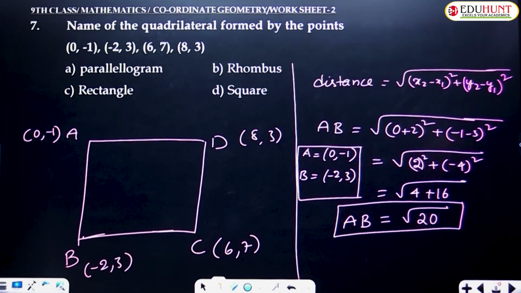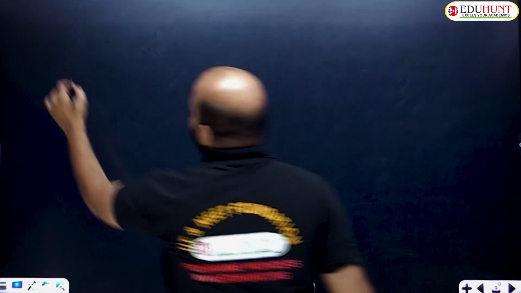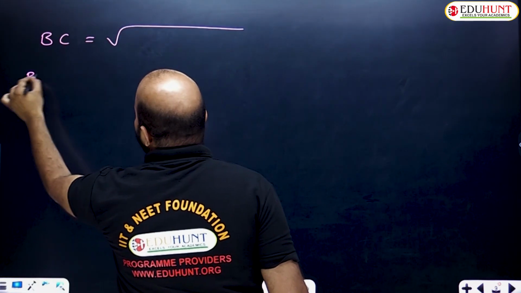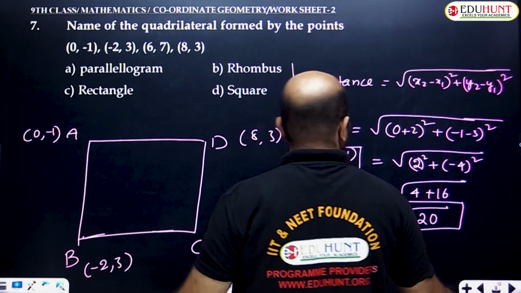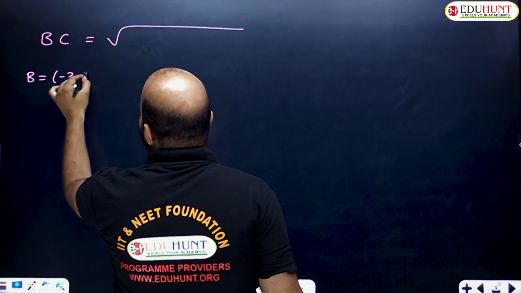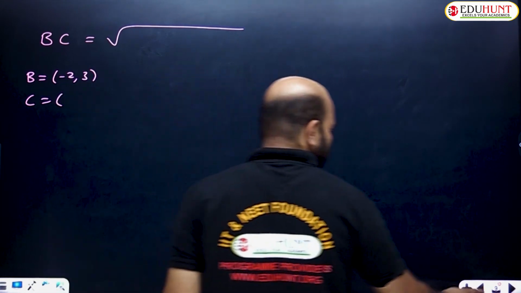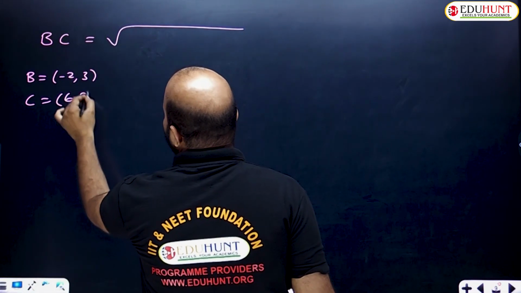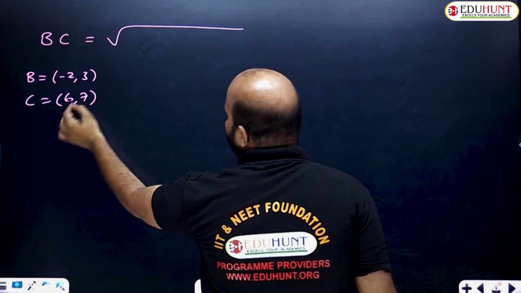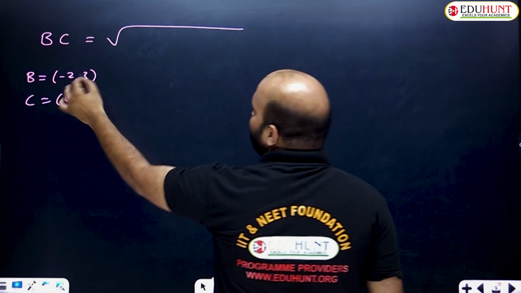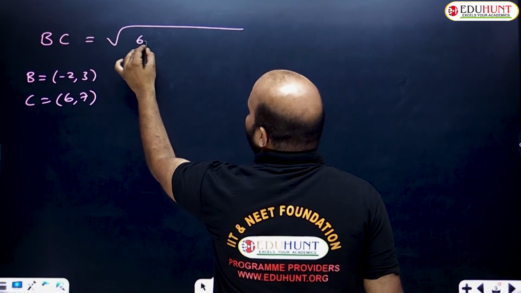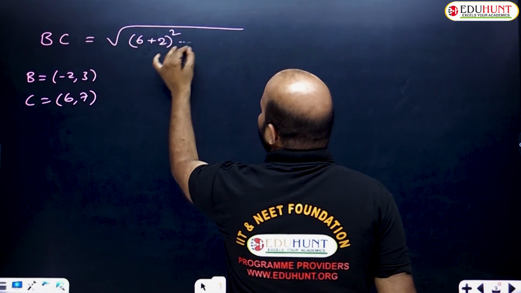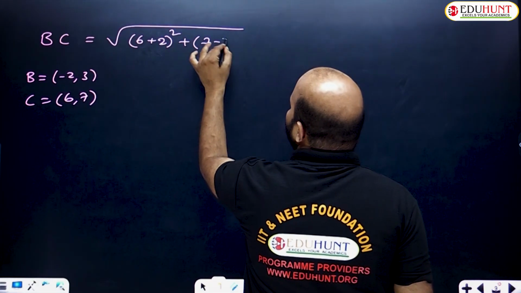Am I clear? Next we have to find the BC distance. B coordinates are (-2, 3) and C coordinates are (6, 7). By using the distance formula, x2 minus x1 is 6 minus (-2), that is plus 2, whole square, plus y2 minus y1, 7 minus 3, whole square.